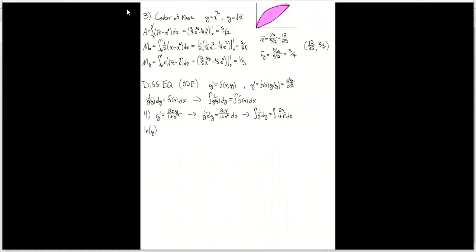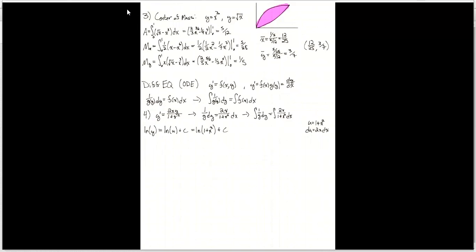On the right, we can set u equal to 1 plus x squared. Our du then is 2x dx, which is perfect. So on the right we have the natural log of u plus c. We can sub in what u is, 1 plus x squared, plus c.